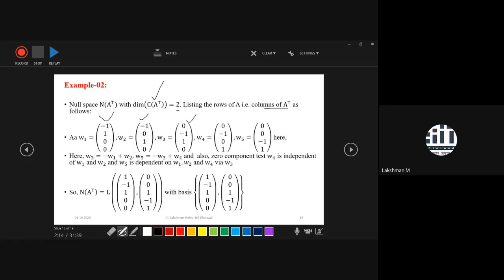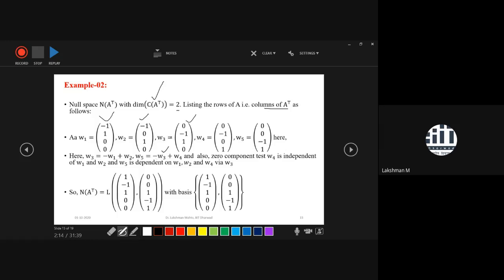In the listing, we observe that W3 is a linear combination of W1 and W2, and W5 is also a linear combination of W1, W3, and W4. So through W3, you can easily observe that W5 is a linear combination of W1, W2, and W4.